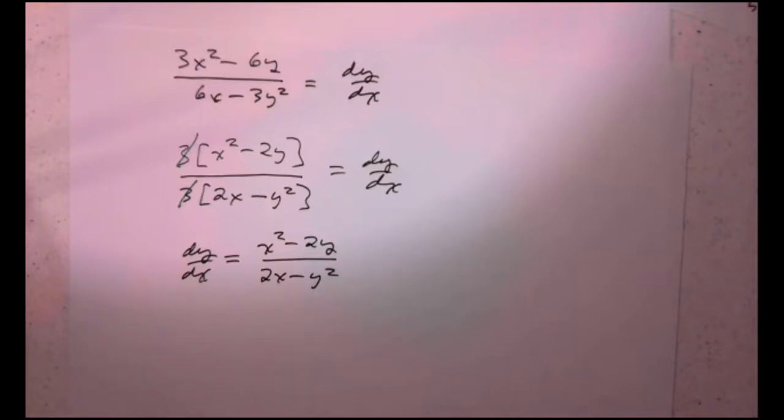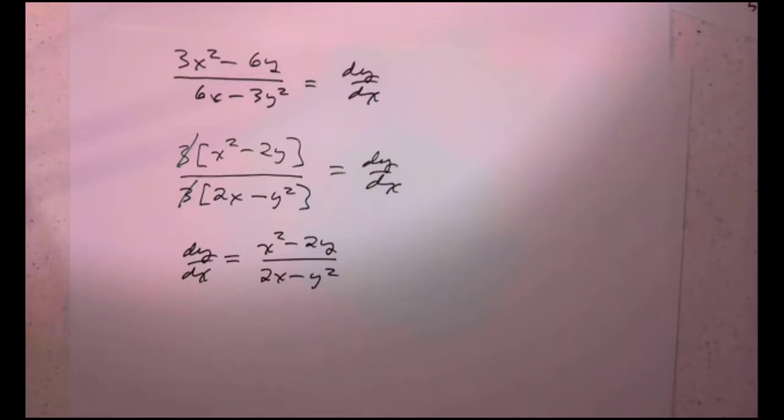Now, what was I trying to do? What was my goal? I wanted to find the equation of the tangent line at a certain point. The equation of the tangent line at (4/3, 8/3) is what I wanted to locate.